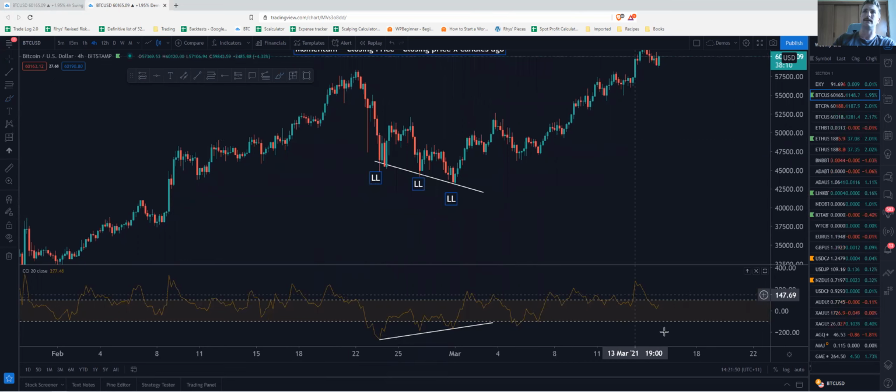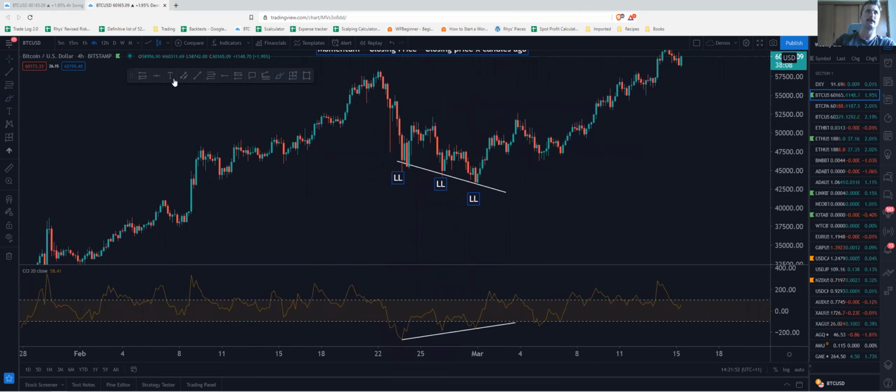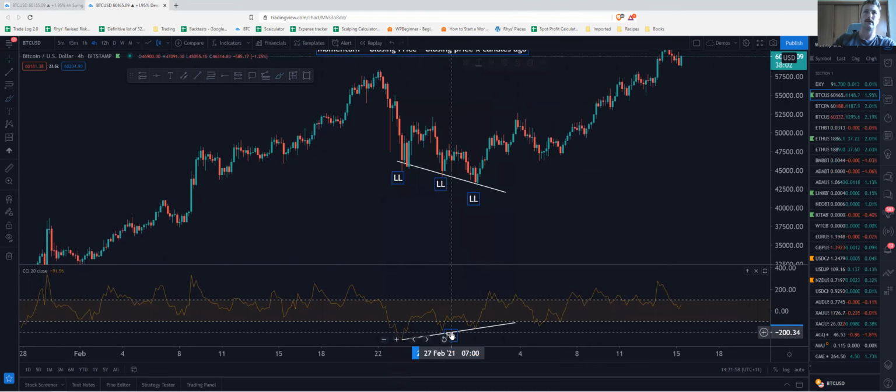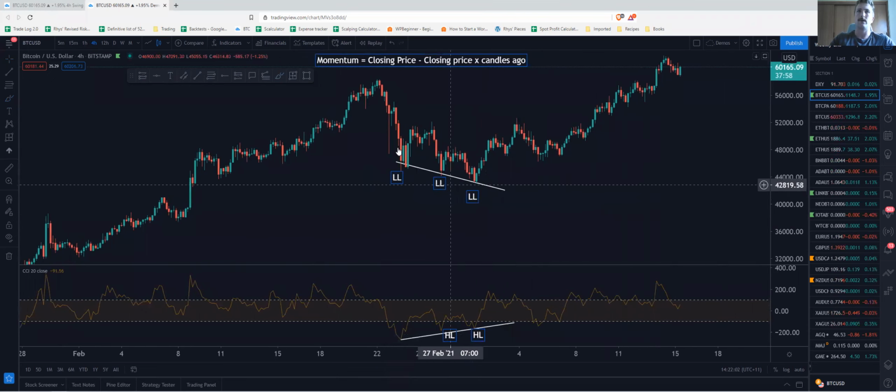But the oscillator has started to print higher lows. And so what that's telling us is, even though price is still pushing down, the selling momentum is getting weaker and weaker. So that indicates, doesn't guarantee, but it indicates that there might be a reversal soon, or at least a retracement, if not a reversal.